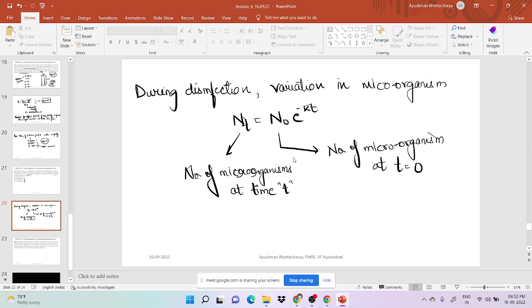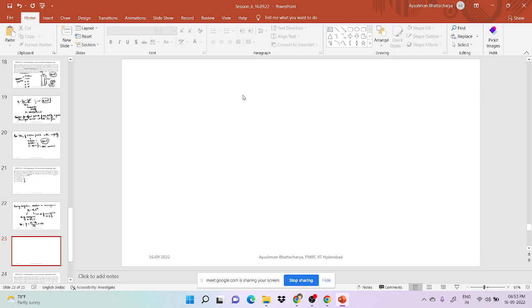Knowing this, the disinfection efficiency, which I will denote by DE, is given by N naught minus Nt divided by N naught into 100. If we expand this, it is basically N naught minus N naught e raised to minus kt, divided by N naught, into 100.